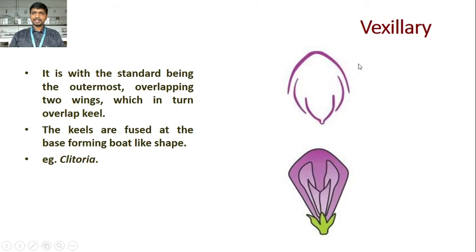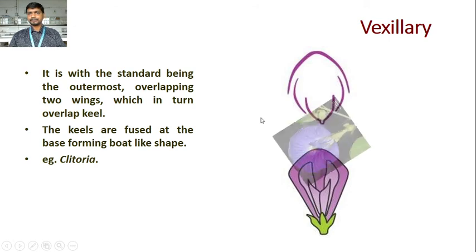Here we know the form of the corolla, where the largest one is called the standard or vexillum, which overlaps the two lateral petals known as the wings, and these wings in turn overlap the boat-shaped keel. So this is the vexillary estivation.